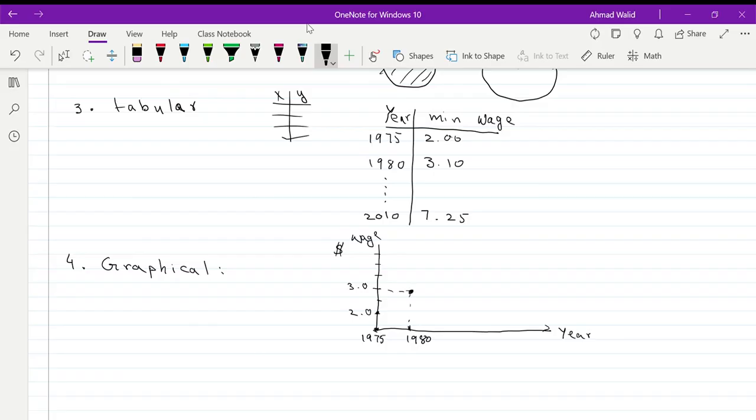And so on, 2010, the minimum wage was, how much? 2010, it's kind of 7.5. All these dots that you see, it's actually a graph. It goes like this. It's a graph, only dots.